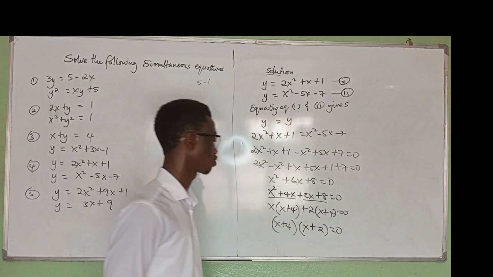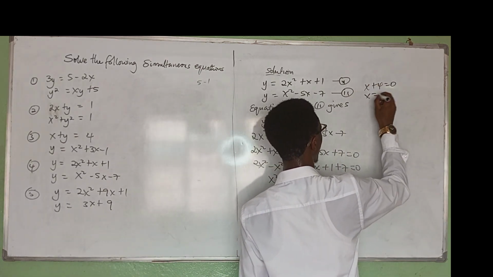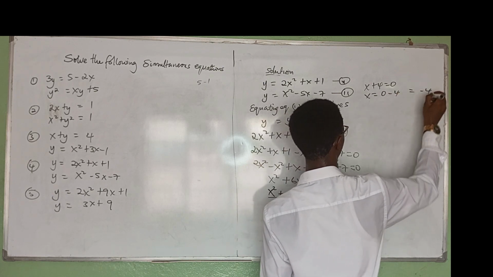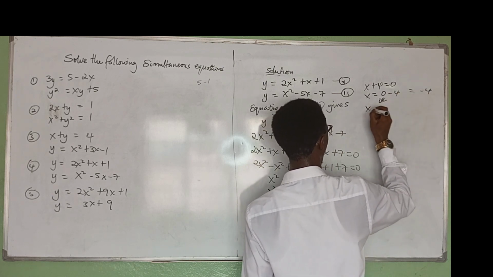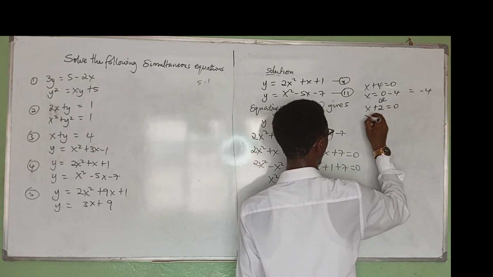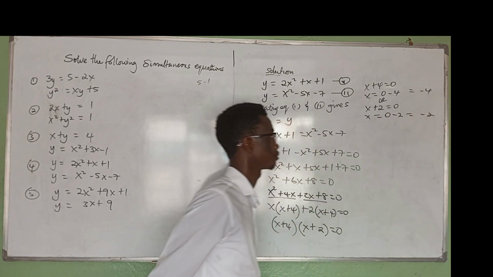So now we can solve this. We have x plus 4 equals 0, so x equals minus 4. Or x plus 2 equals 0, so x equals minus 2.